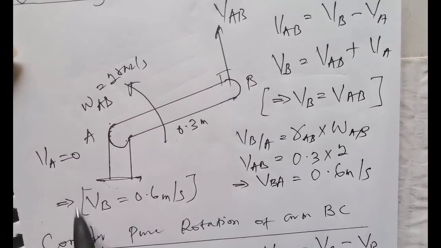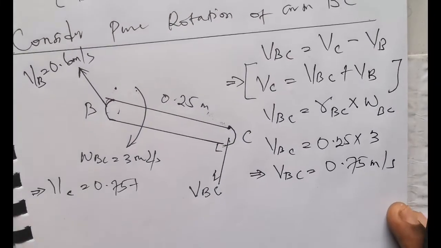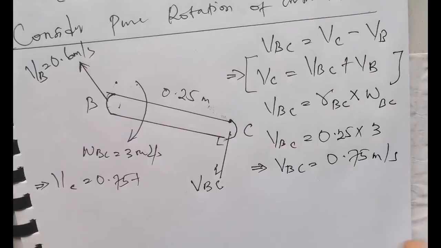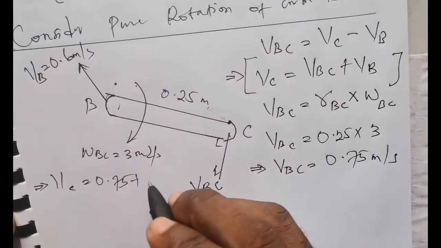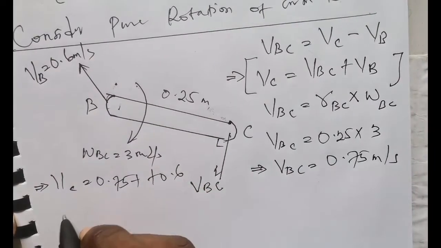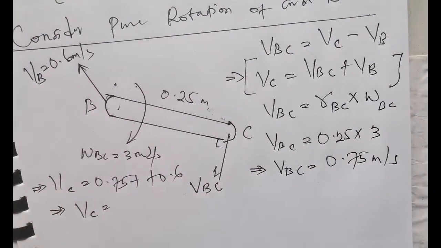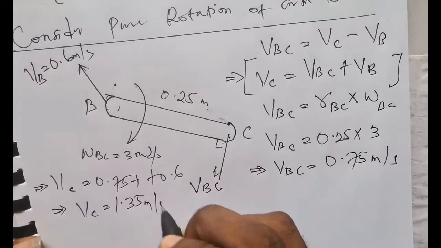So plugging that into this equation, you are simply going to have that velocity at C is equal to 0.75 plus 0.6. So this simply implies that velocity at point C is equal to 1.35 meters per second.